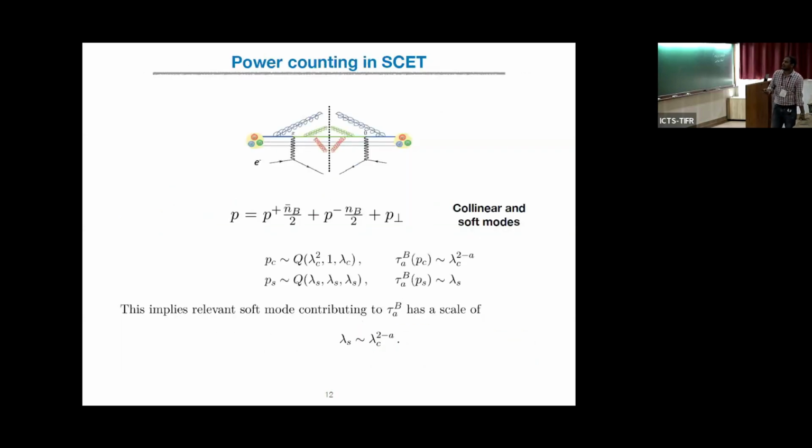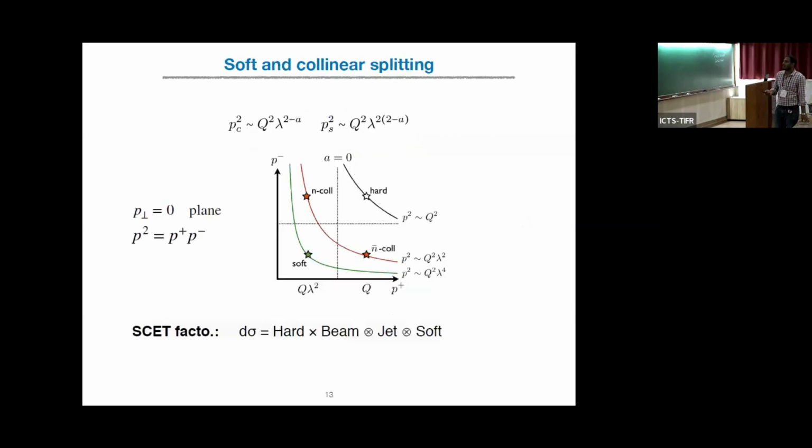So let's look a little bit more at the factorization and power counting. In SCET, the power counting of the collinear momentum and the soft momentum are different. You can think of lambda as a scale parameter. When we relate the scale parameter, it comes down to a dependency between the collinear and soft momenta, and eventually we get this collinear and soft momentum dependency.